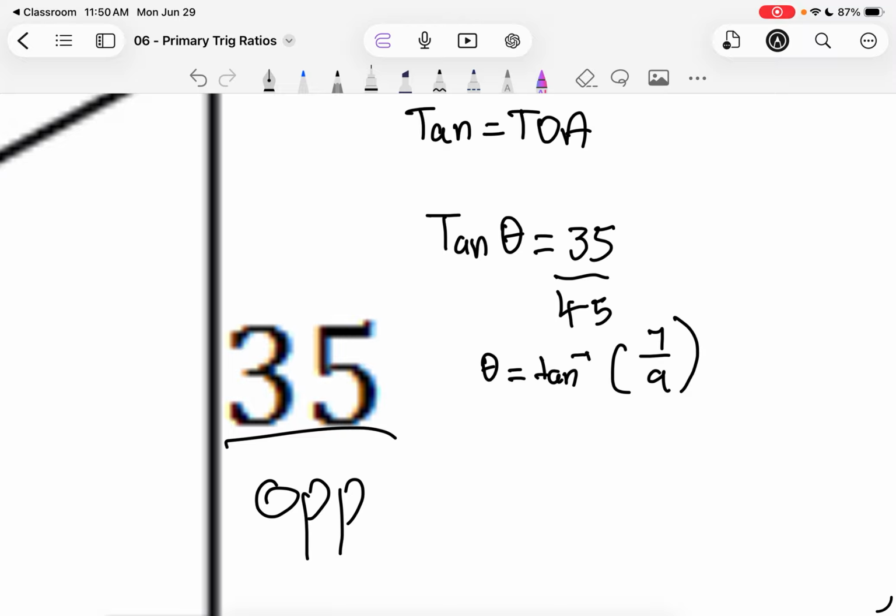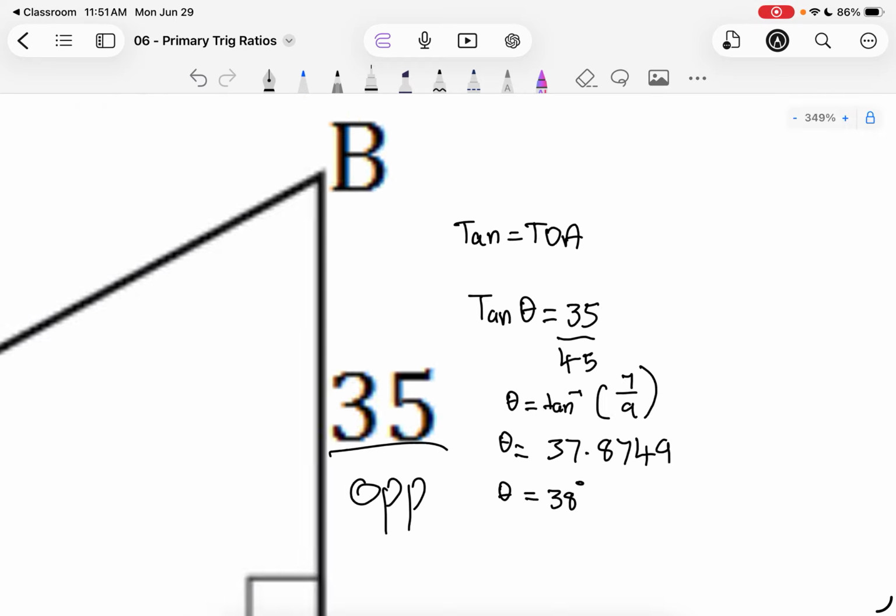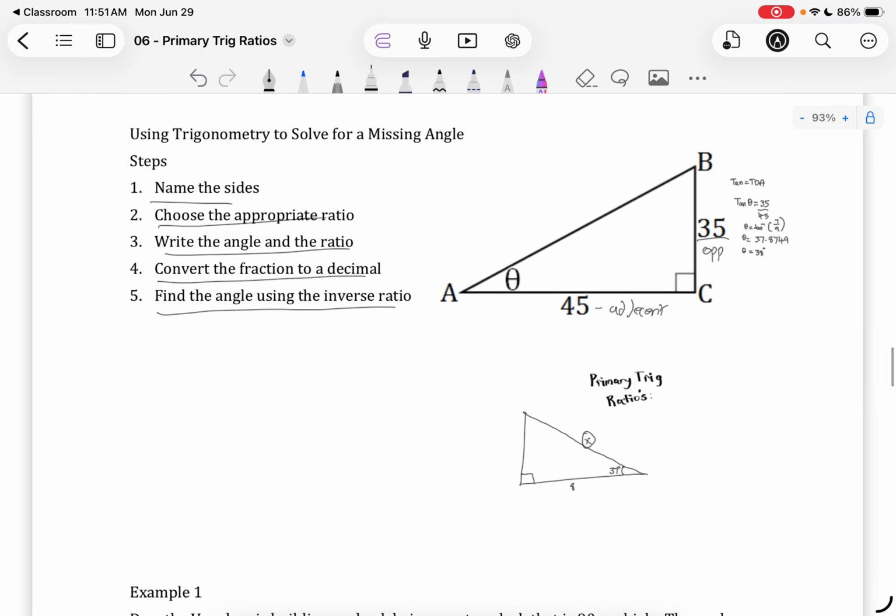So tan inverse of 7 over 9, that is theta equals 37.8749. But in this case, most angles are required to be rounded to the nearest whole number. So theta would be 38 degrees. And essentially, that's how you do it.